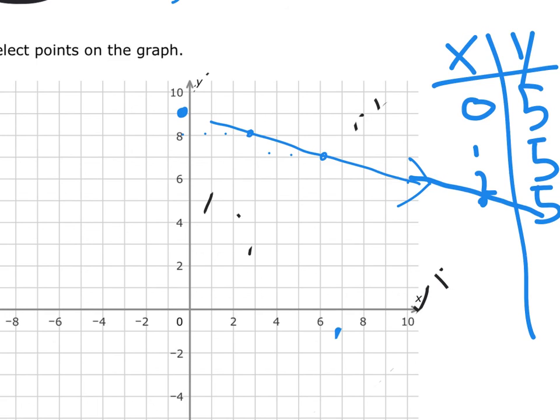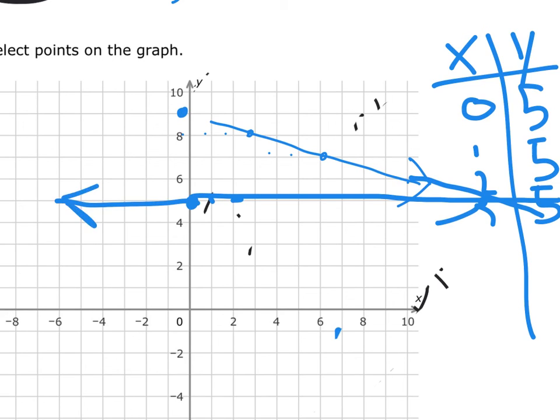So now I can just copy down these 3 ordered pairs and figure out where that goes, right? So x equals 0. I'm not going to the right or left at all, but then I go up 5. Boom. And then to the right is 1, up 5. Then the next one would be 2, 5. So I keep going, and my line is automatically going to keep going right through there.